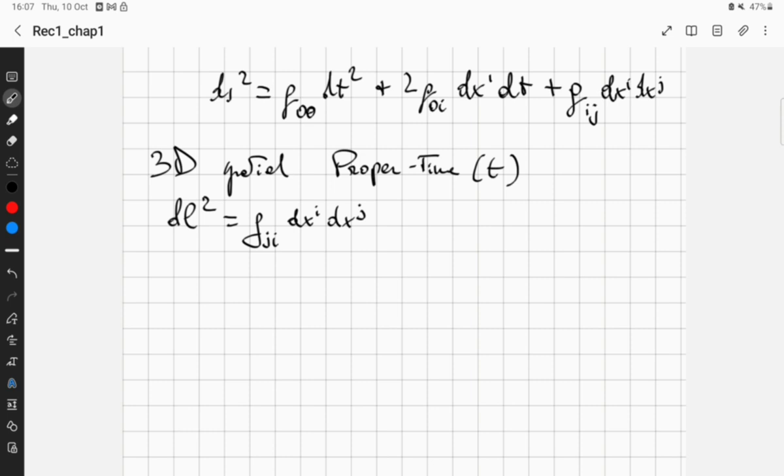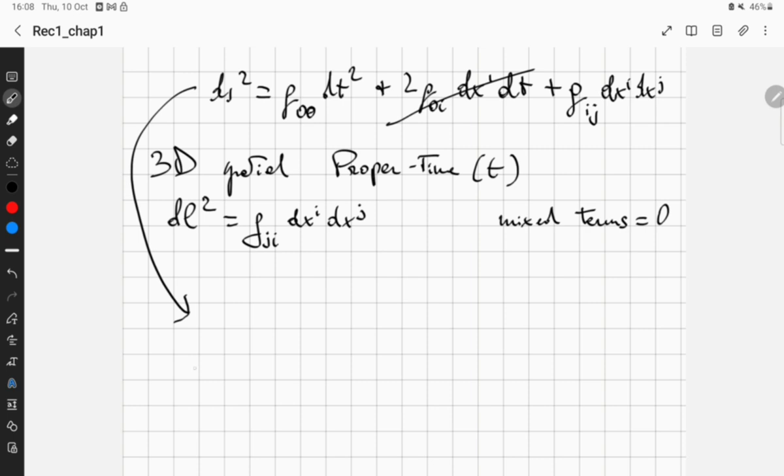So there are no privileged positions or directions. So the mixed time-spatial terms must be null. Mixed terms equal 0. So this term goes away.